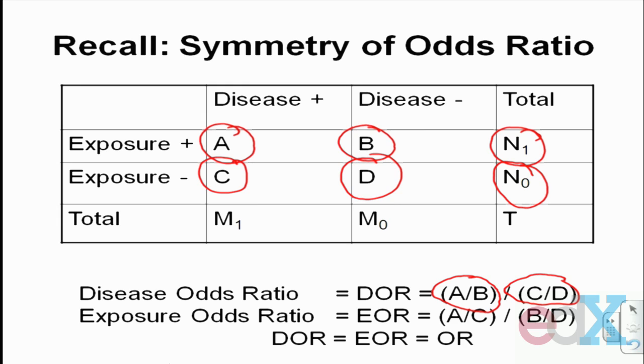Let's call it the disease odds ratio, because what we're measuring is the odds of developing disease, separately among the exposed, the top row of this table, and separately among the non-exposed, the second row of this table. It's A over B, the odds of disease among the exposed, divided by C over D, the odds of disease among the non-exposed. Let's just label that as DOR for disease odds ratio.